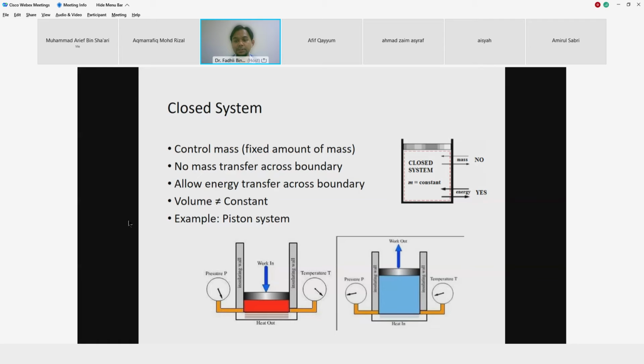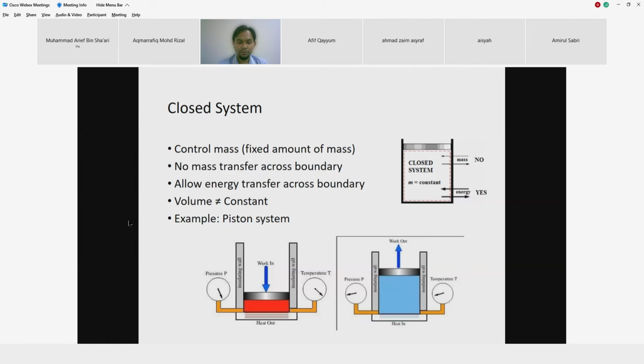In the figure, only energy is allowed to transfer in and out of the system, because if you look properly along the boundary, you don't have any inlet and outlet. There is no door for exit and entry. So mass cannot be transferred in and out. Therefore, the volume of the closed system is not constant.